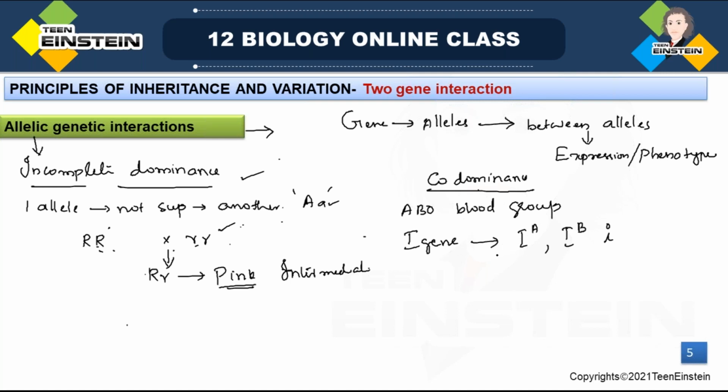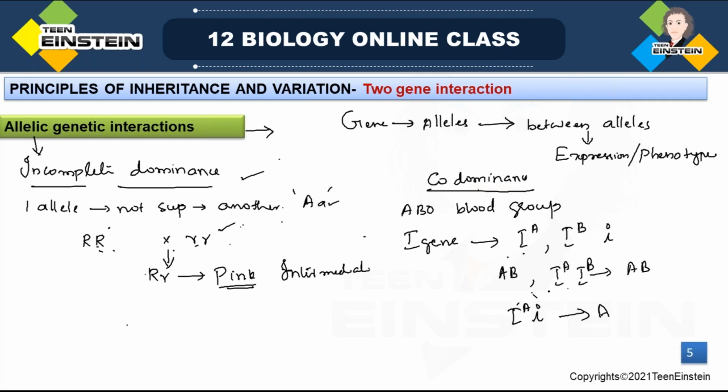In these examples also there is an interaction when the AB blood group comes. There is an interaction between the IA and IB alleles, and that forms AB blood group. When IA and the recessive allele come, here also interaction is taking place and it forms A group.